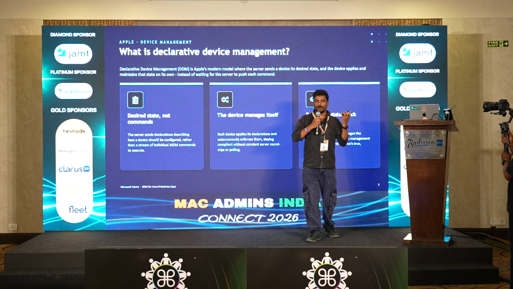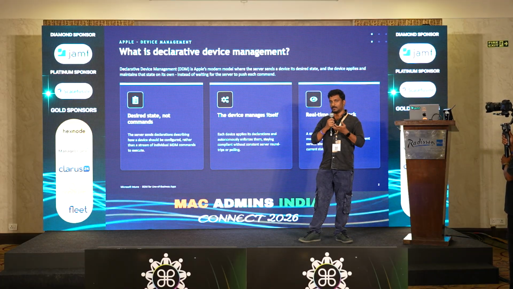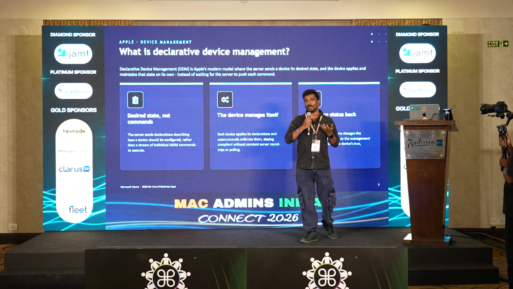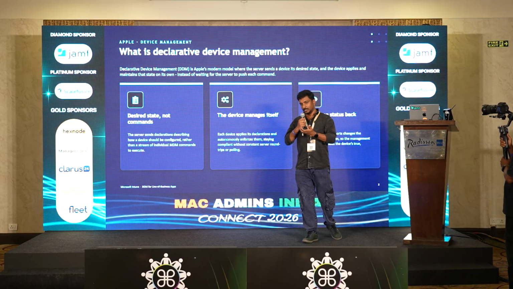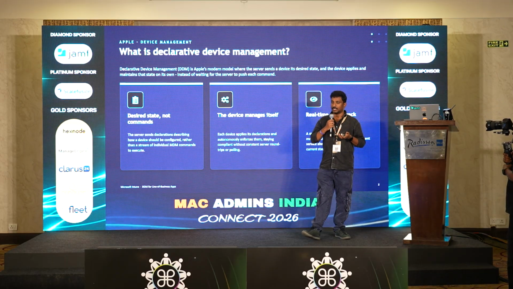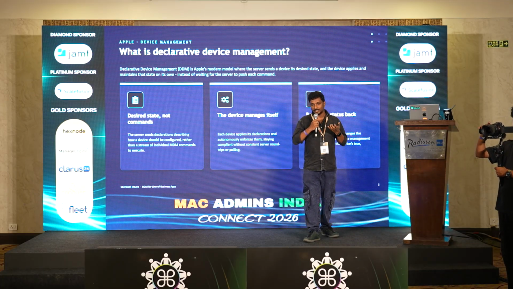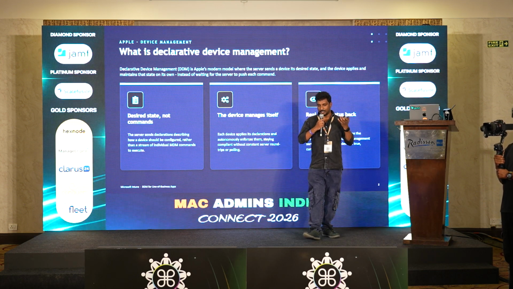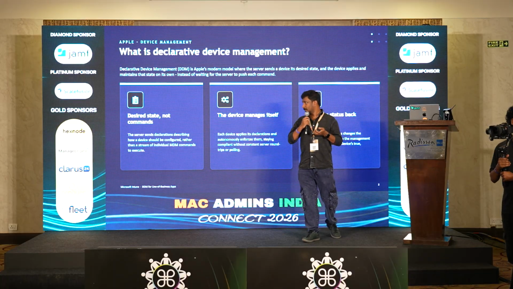DDM is already available for software updates; in our last year's session, we talked about how you can manage software updates using DDM. Also, there is real-time status: whenever you set a desired state, it is capable of giving real status back through a status channel. That's how declarative device management works.